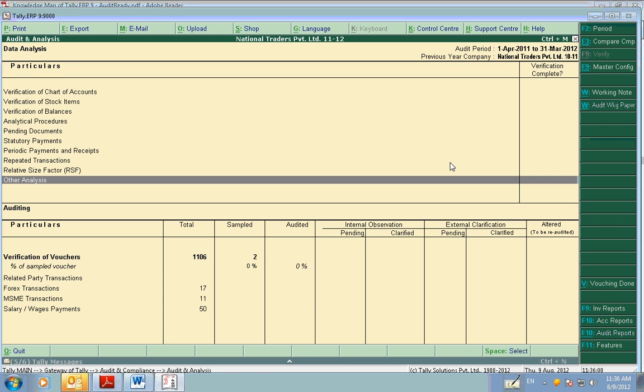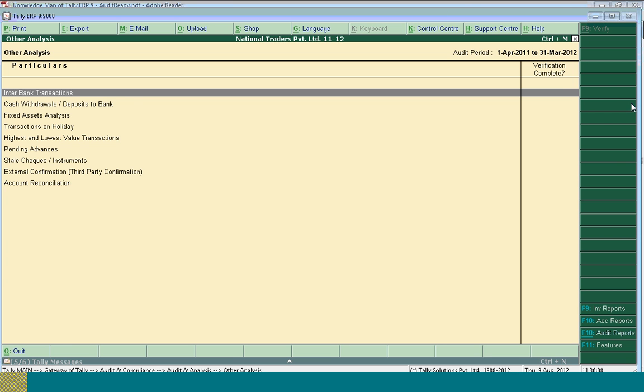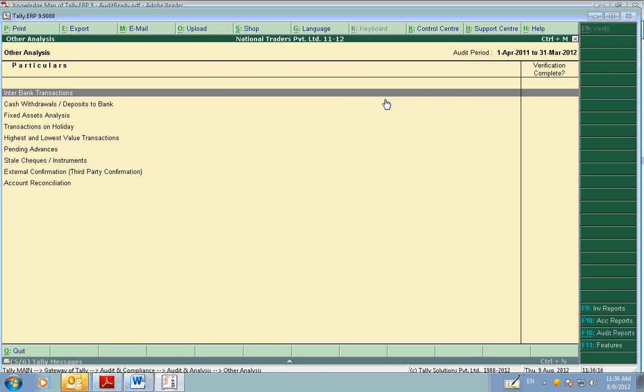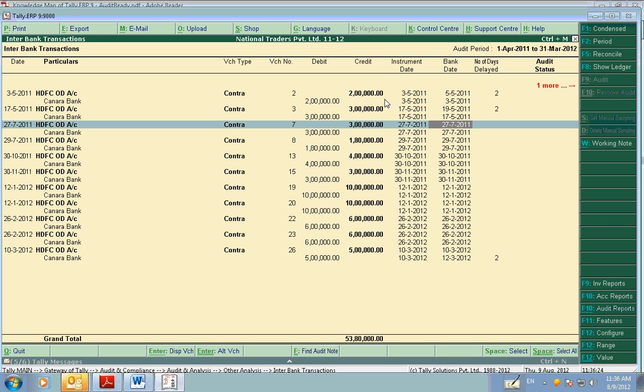Now coming to the other analysis. So what are these other analysis? Here if you see, there are some more analyses where you can check and see that the data is kept clean. Now when we talk about interbank transactions, the focusing points here are all the intrabank transactions, the transaction bank date, once you have done a reconciliation of this.